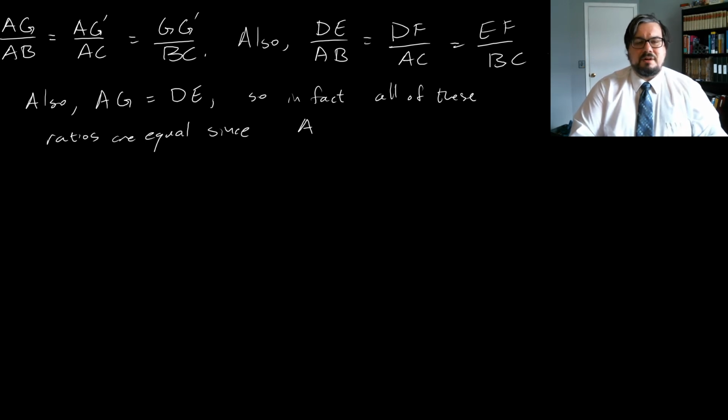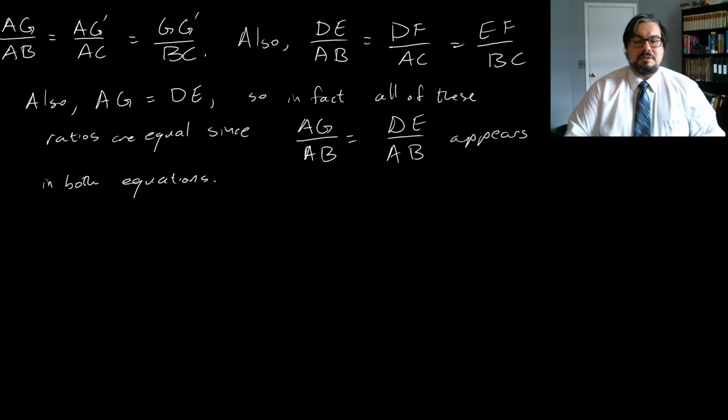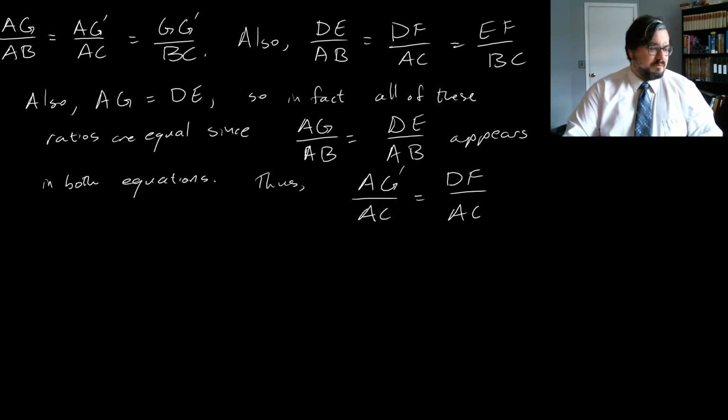Since the number AG over AB, which is the number DE over AB, appears in both equations, we have that AG prime over AC is equal to DF over AC.